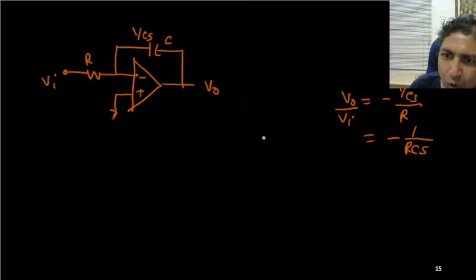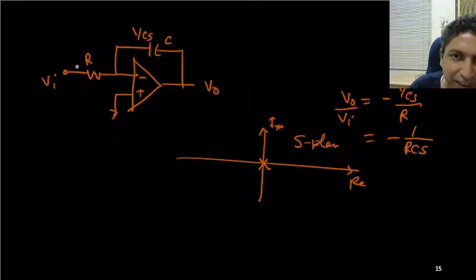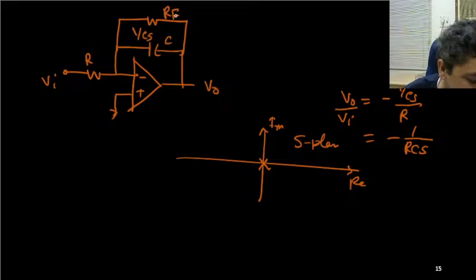So it is having one pole in the S plane. This is the real axis, and this is the imaginary axis. Thus this kind of ideal integrator circuit has one pole, and it is conditionally stable or marginally stable. But if you connect one resistance here, one Rf, one more feedback, then you can avoid these things.